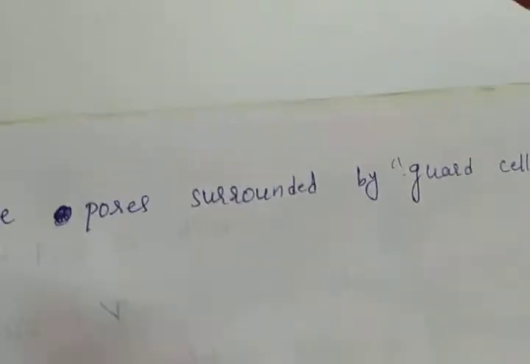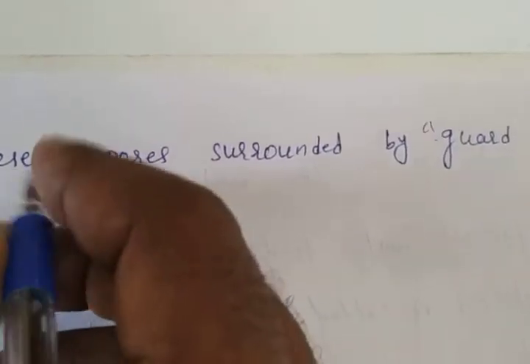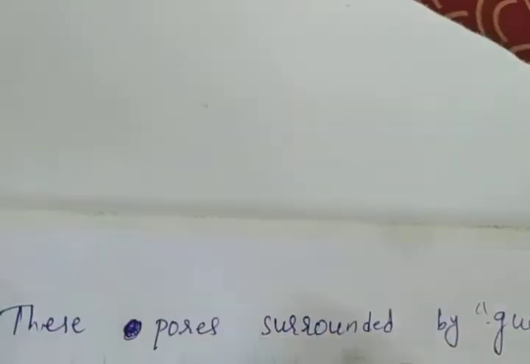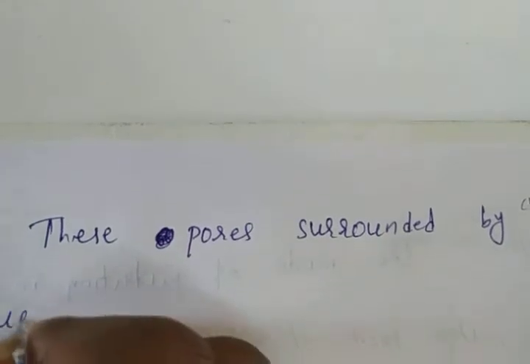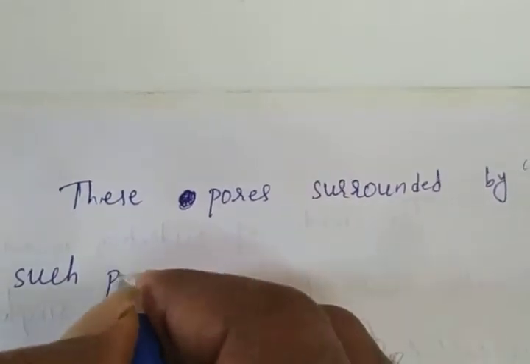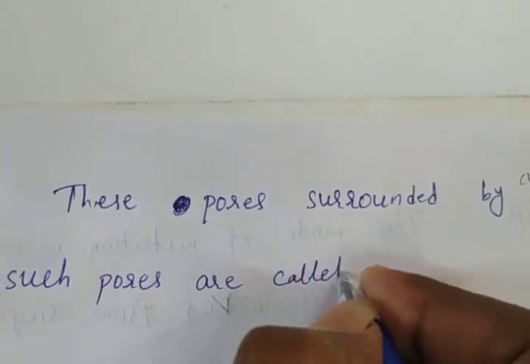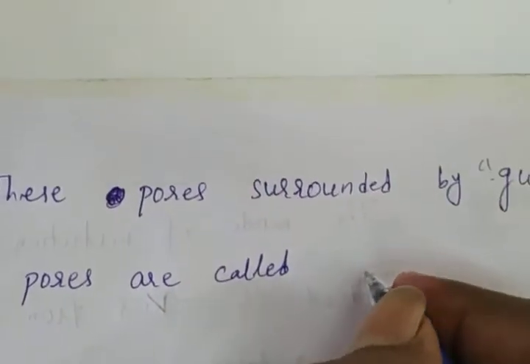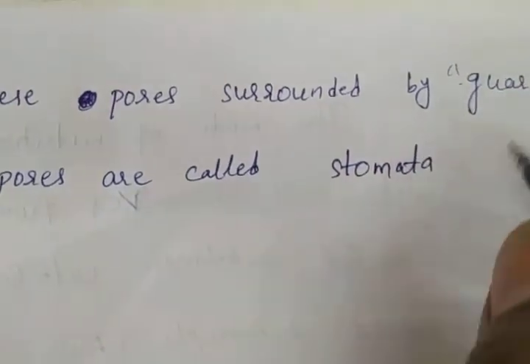I will discuss. These pores are surrounded by guard cells. Such pores are called stomata.